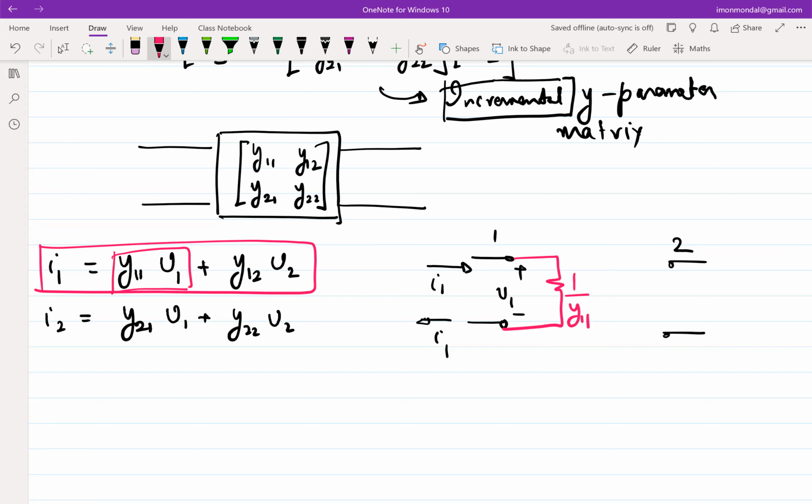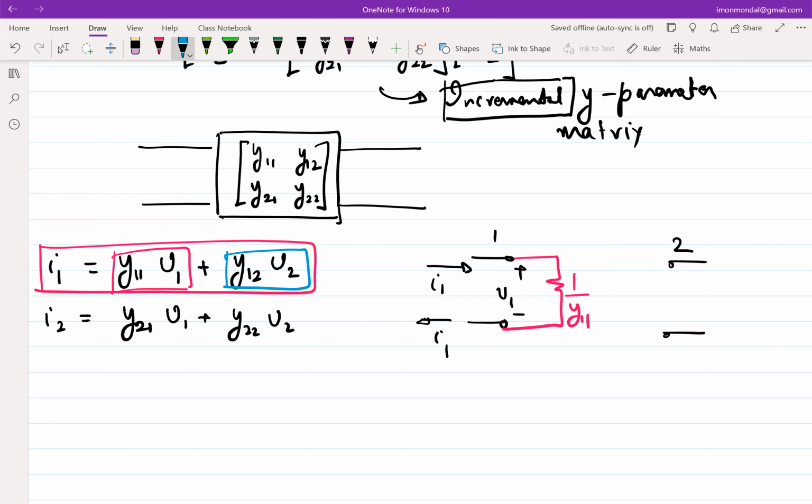What about the second term? What does that represent? This tells us that the current in port 1 is dependent on the voltage across port 2, and the dependence is again that of a constant, some constant Y12 times V2. So what type of element is this?